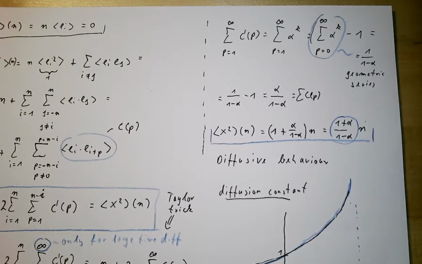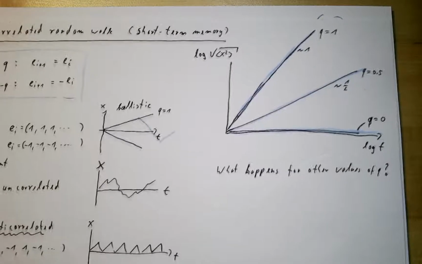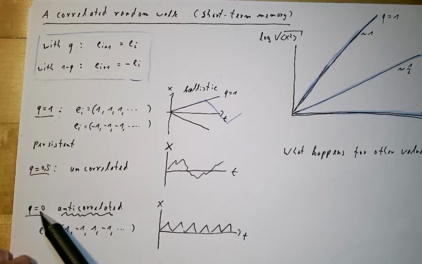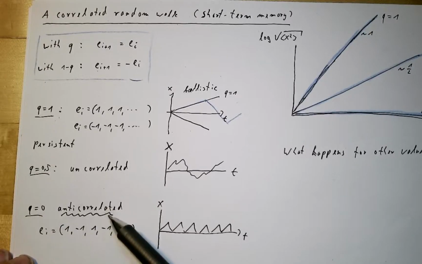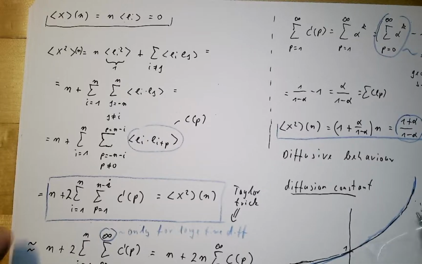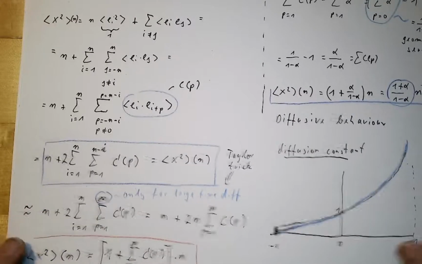This means we have a diffusion constant which changes with this parameter alpha, and this alpha was depending on our q. So if q equals 0, this means alpha is -1. This is a totally anti-correlated walk, so the mean square displacement is 0. So basically we don't have diffusion, and this we see here in this figure.